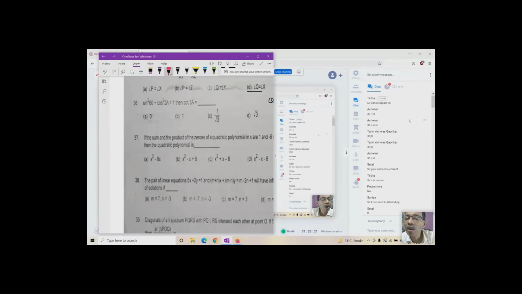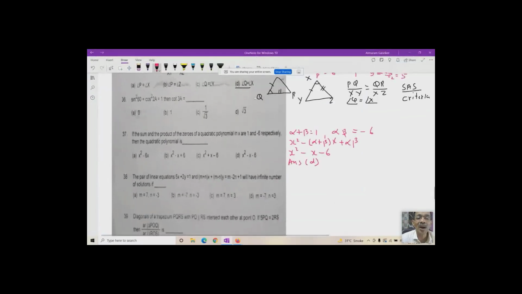Tirtha wants an explanation of 36. Okay, I have skipped 36 by mistake. So 36 is like this. See, it uses the first trigonometric identity.